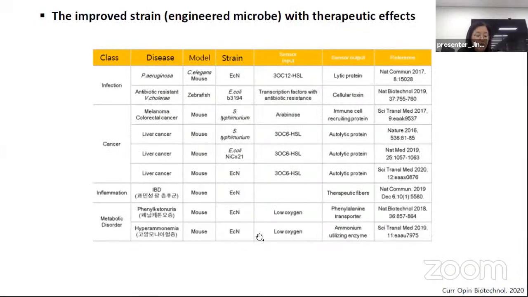Recently, from several microbiome studies, research results confirm the therapeutic effect through the improved strain, the engineered microbe. Disturbance in the gut microbiota has been described in several cancers through inflammatory and immunological interactions.